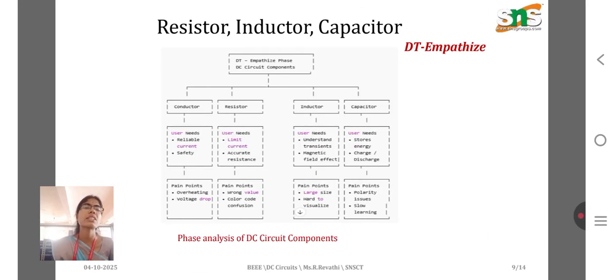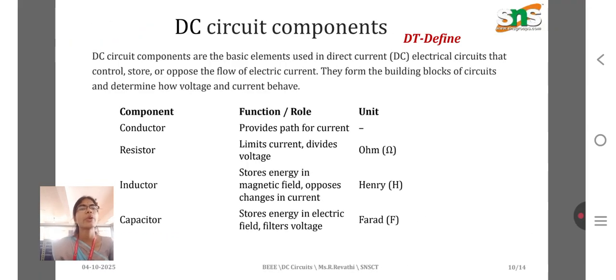The resistor, capacitor, inductor chart is given below, where reliable current, safety, accurate resistance, and the pain points of the resistance, capacitor, and inductance are discussed in this slide. In a DC circuit, these components control, store, and oppose the flow of electric current.